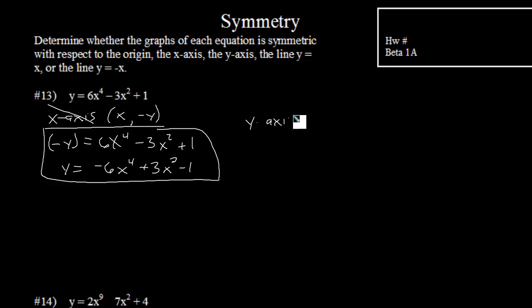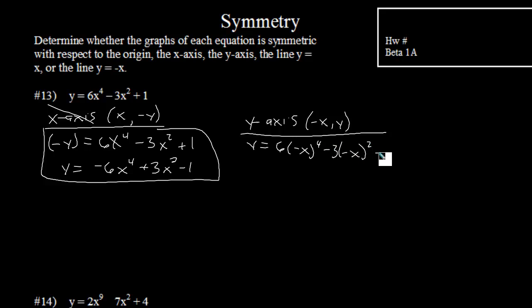So the y-axis, change the sign of x, leave y the same. So we get y equals 6 times a negative x to the 4th minus 3 times a negative x squared plus 1.